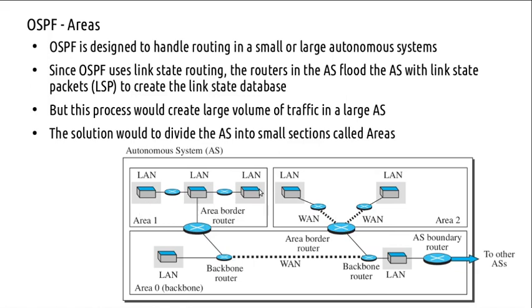The link state packet exchange can happen within area 1, area 2, area 3, and each of them gives its updates via the area border routers to the backbone area 0, which disseminates this information to the remaining areas.